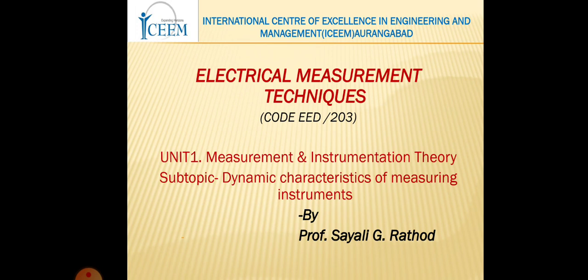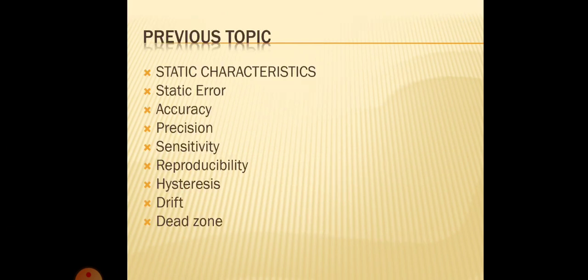Okay, so in the previous lecture, as we know, we have studied the static characteristics of measuring instrument. Also we have seen the basic measurement systems and instrumentation theory. So moving to the next slide.